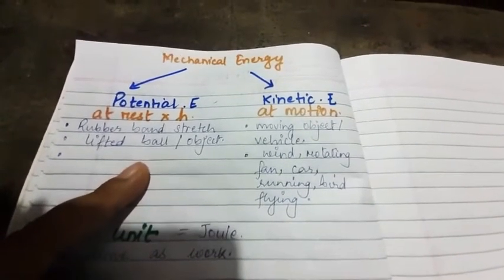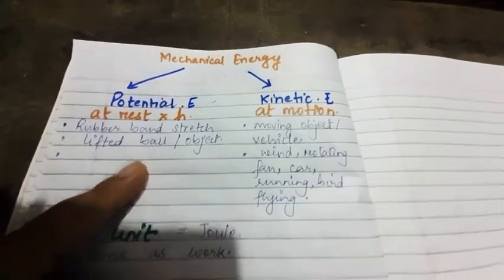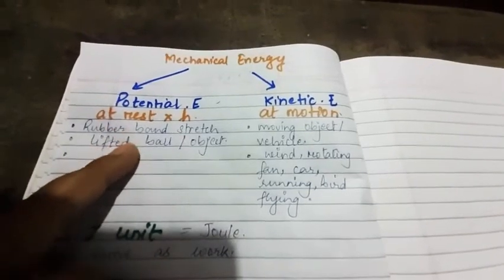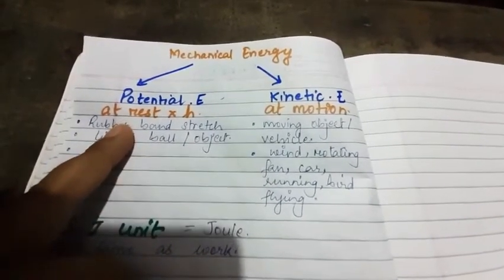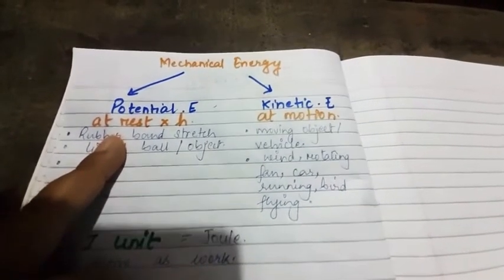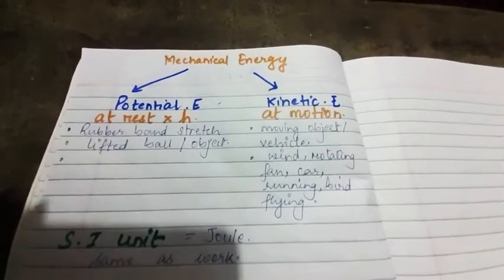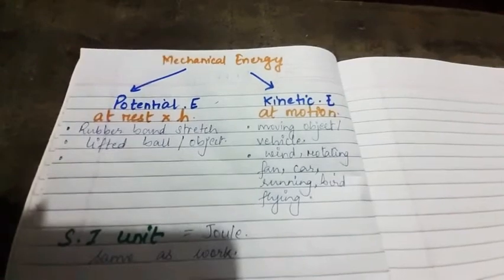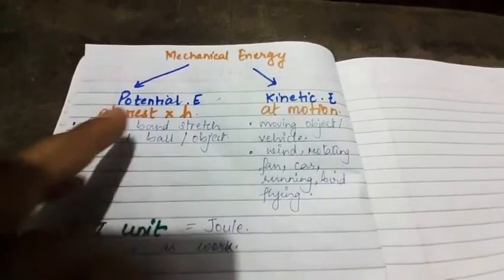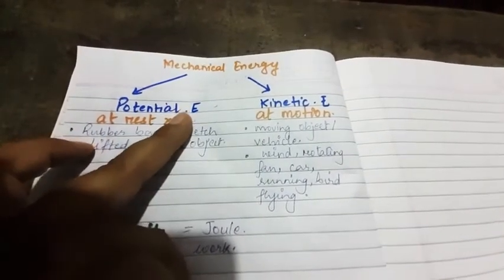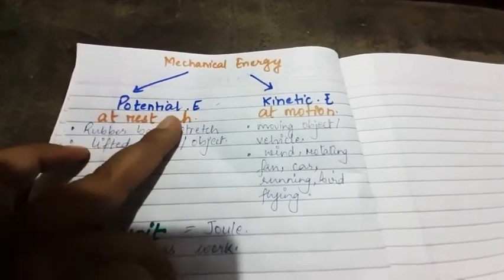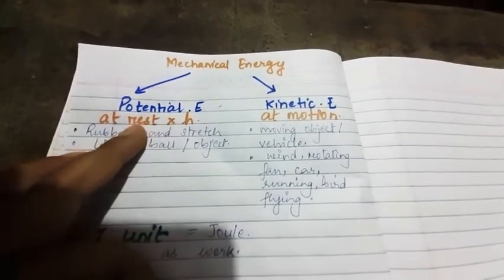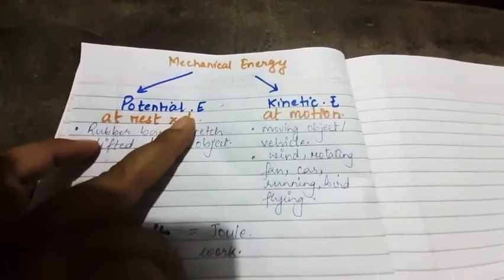Now the ball is in my hand, it is not moving, that means it is at rest. But the ball has the potential to move, because when I release my hand from the ball, the ball will automatically move downward. So the ball has an energy to move. Now the ball contains potential energy.